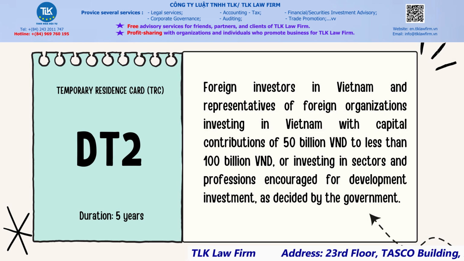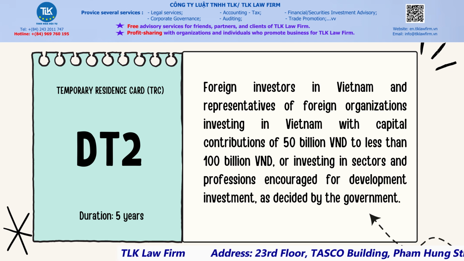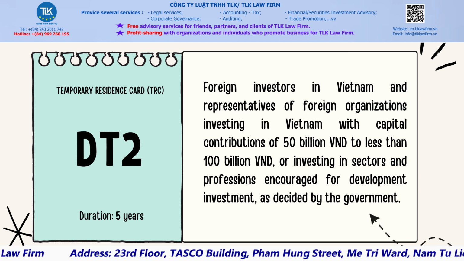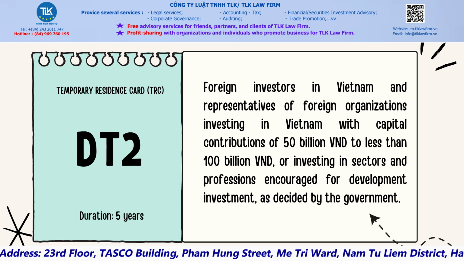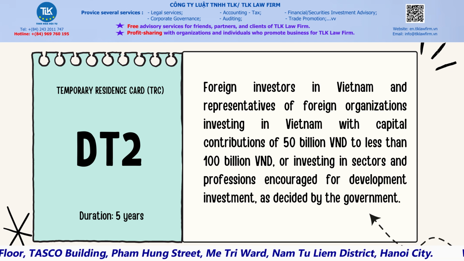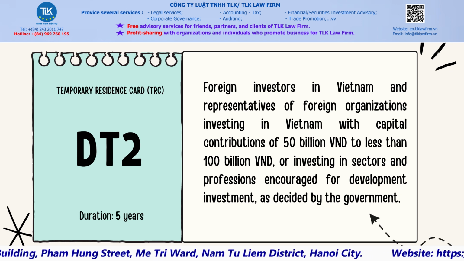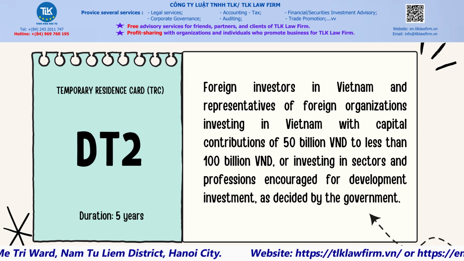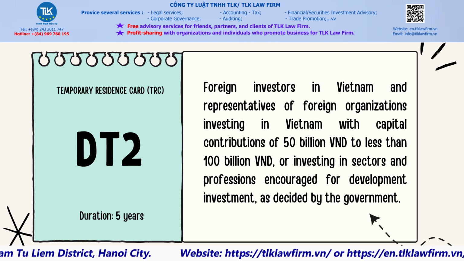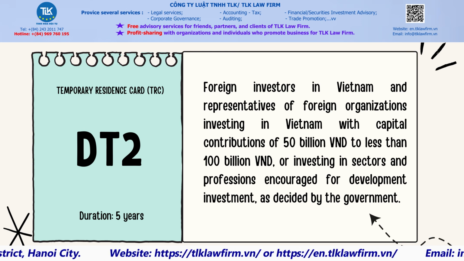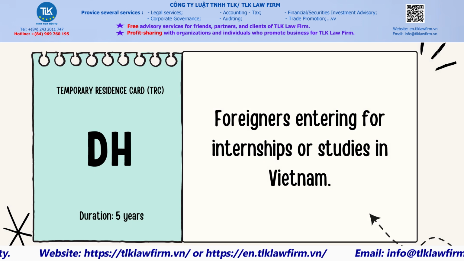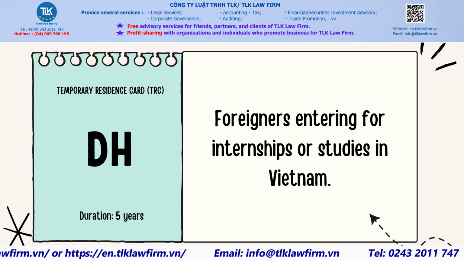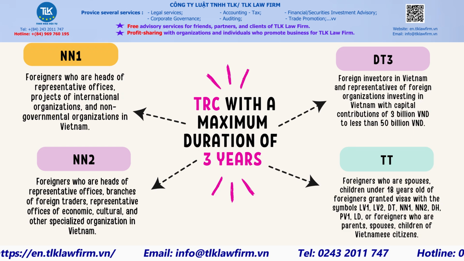DT2 is for foreign investors in Vietnam and representatives of foreign organizations investing in Vietnam with capital contributions of 50 billion VND to less than 100 billion VND, or investing in sectors and professions encouraged for development investment as decided by the government. 6. DH is for foreigners entering for internships or studies in Vietnam.